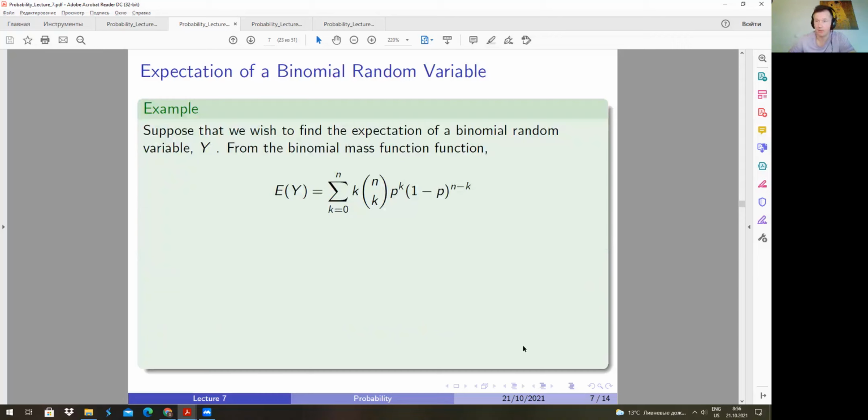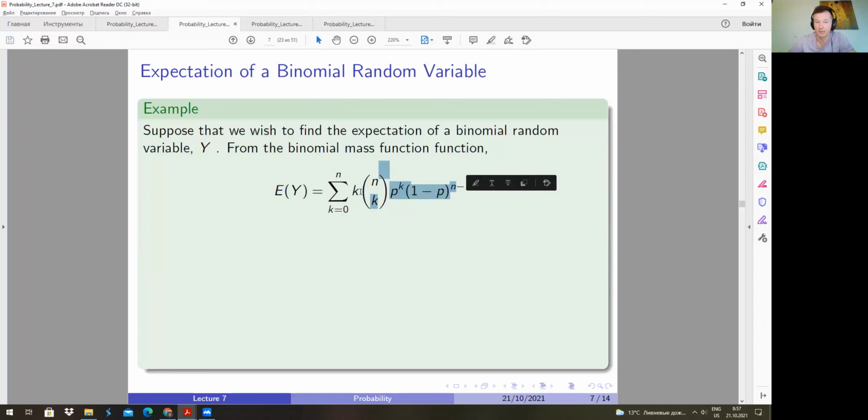Another example that we can apply is for finding the expectation of a binomial random variable. Suppose we wish to find the expectation of a binomial random variable. If we want to do this straightforwardly, we will get something very nasty. Look, we need to sum for all k from 0 to n of these things.